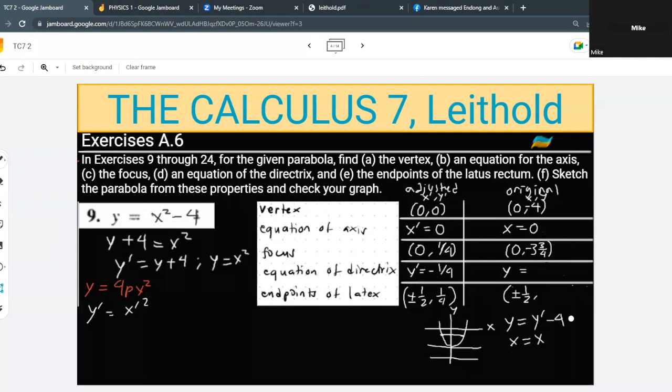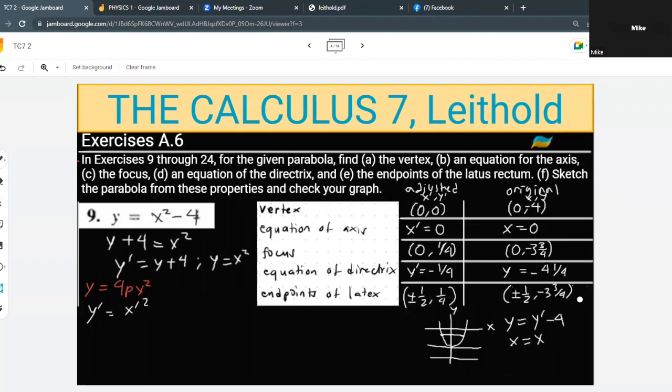Okay, ngayon, yung origin, tingnan mo, we have 0, 0. So, ang origin in the old axis, use the equations. Y is equal to negative 4, x is equal to 0, so 0, negative 4.